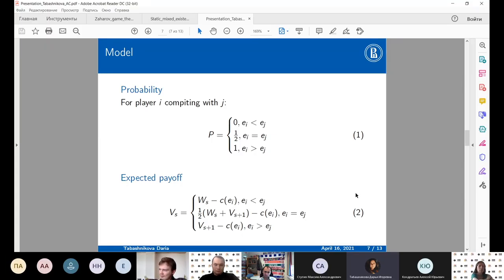So if he loses, he just takes the money which he can get from this round and pays all costs for this match.